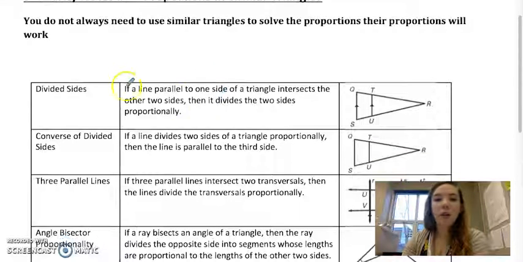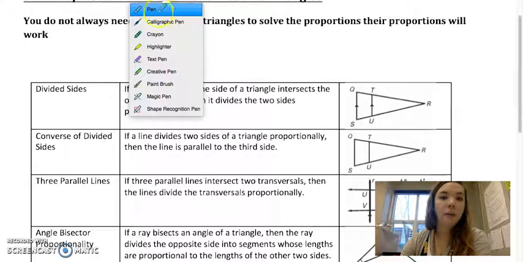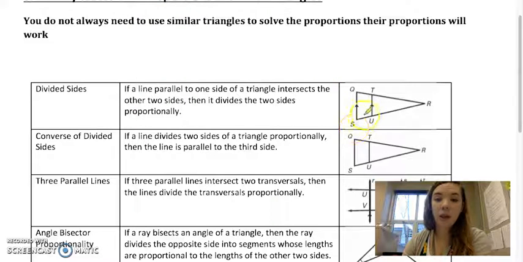So one of those ways is divided sides. If a line is parallel to one of the sides of a triangle and intersects the other two sides, then they're proportional. So right here, if you have a side that's parallel to another side inside, then these two triangles are similar. Your smaller triangle, TUR, is similar to triangle QSR.